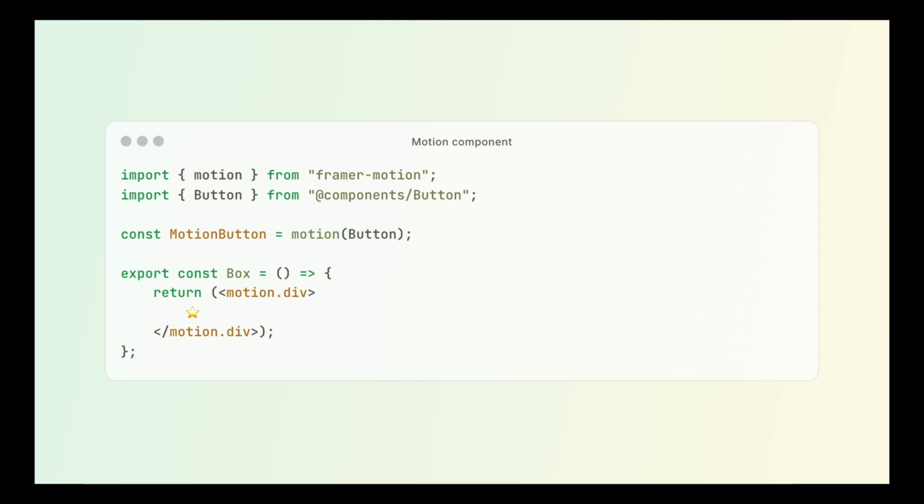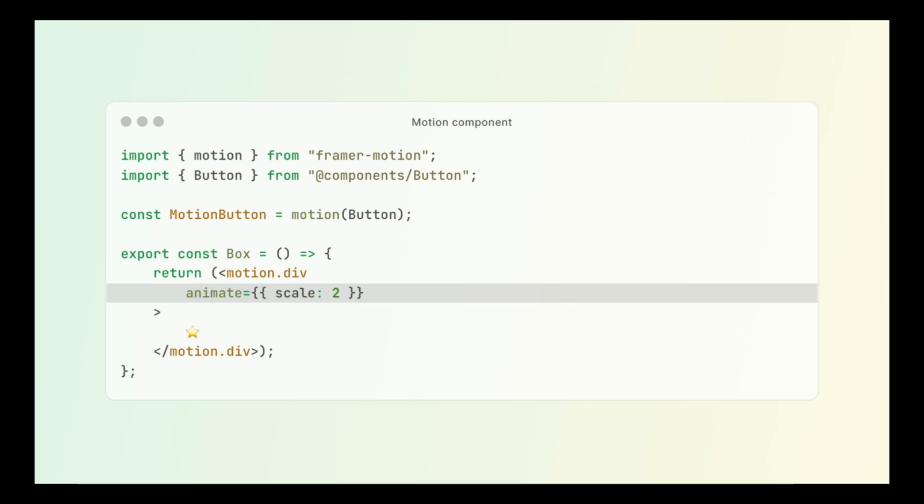So how do you animate a component with Framer Motion? You pretty much just add the animate property. Its value is an object with target values for properties of this object. So for example, in this code, we set it to scale 2.